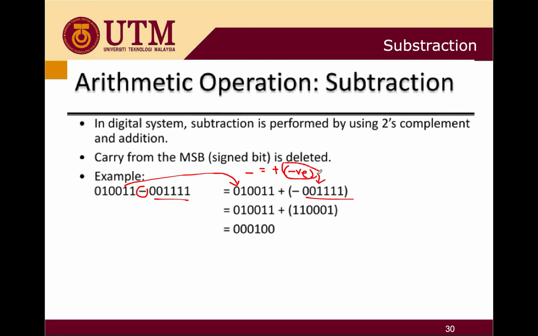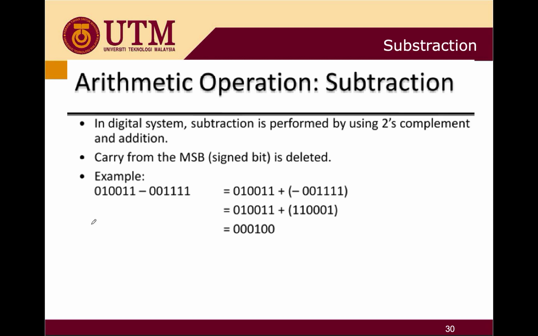So if it's a second negative number, what are you going to do? Negative number, you're going to just deduct it. But you need to know subtraction. You cannot just use this value to subtract. You need to subtract using the value of negative for second complement. I give you the example.